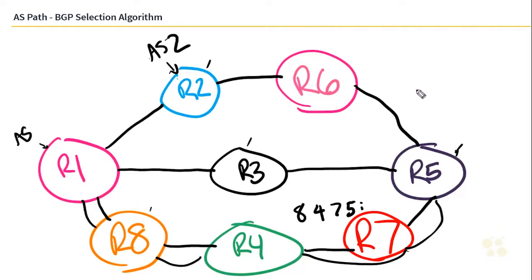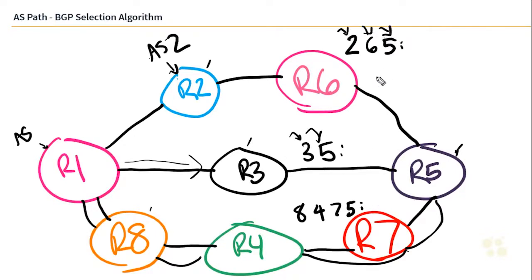The path going from the top would look like 5, 6, 2, and then the I here. Whereas the path here would look like 5 and 3, an I. So the AS path would determine that this path right here is the best one because it only has to traverse the 2 autonomous systems, 3 and then 5. Up here, it would have to traverse autonomous system 2, 6, and 5.